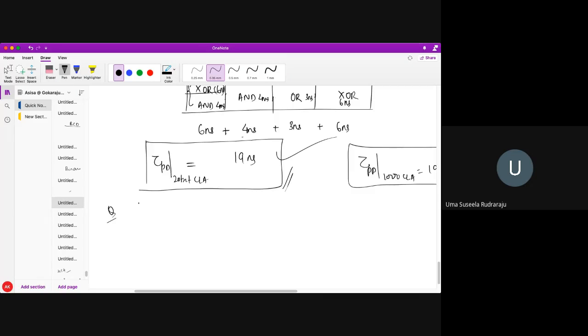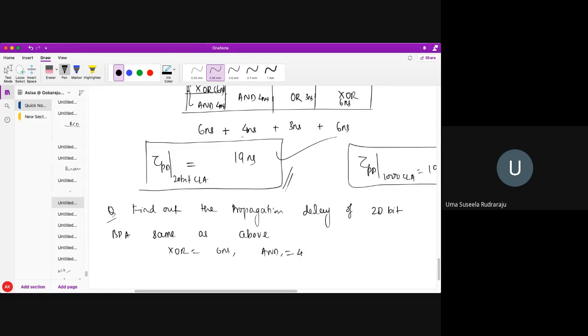Find out the propagation delay of 20 bit binary parallel adder, same as above: XOR gate has 6 nanosecond delay, AND gate has 4 nanosecond delay, OR gate has 3 nanosecond delay.